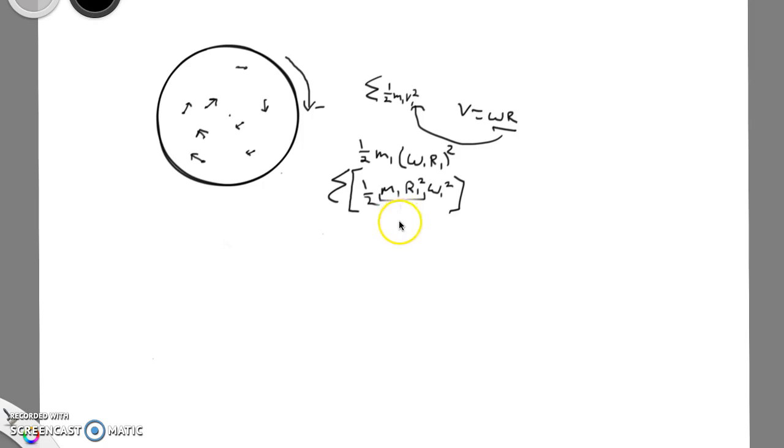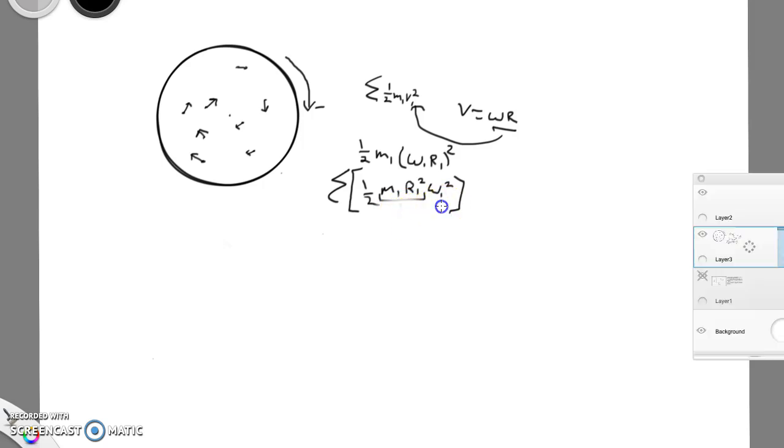And it does, but we can simplify this a little bit further. We know that for each particle, they all have the same speed of rotation. So this angular frequency or angular velocity is the same, so this will be the same for everything. So this becomes 1/2, and then we'll just put this in parentheses real quick, m1 r1 squared times omega squared.